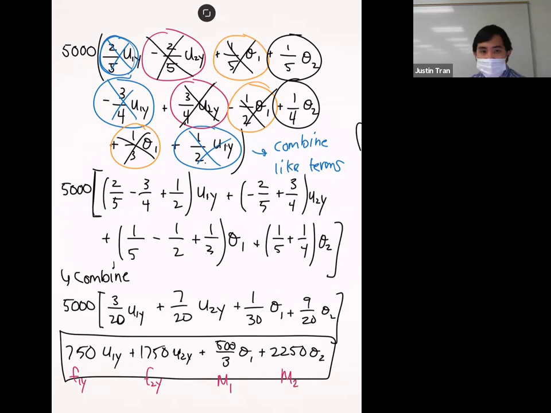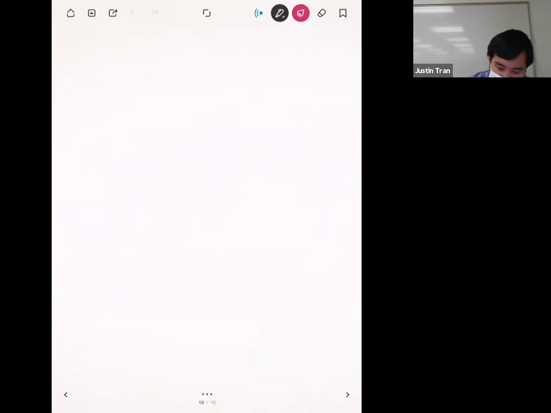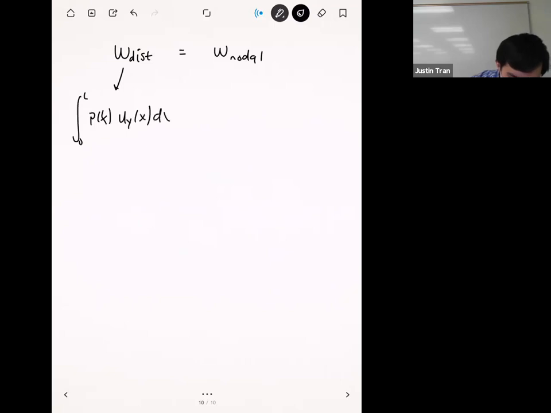Okay. So let me show you why these coefficients are that, because remember where we started. We said that work distributed is going to be equal to work nodal. For work distributed, this is the integral from 0 to L of P of X, Uy of X dx. And this is what we've just evaluated. For the last 25 minutes of this class, we've been working on evaluating this integral.